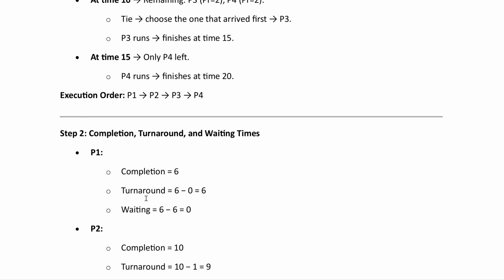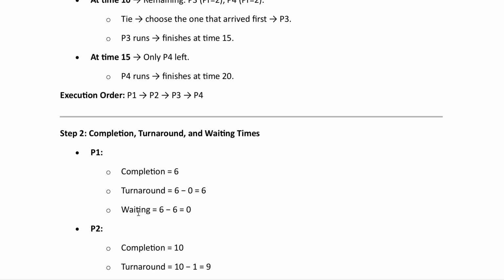P1 completion time is 6. So the turnaround time, as I have said, is completion time minus arrival time. For P1, completion time is 6, arrival is 0. So 6 minus 0, 6. Waiting time is turnaround time minus burst time. For process P1, turnaround time is 6 and the burst time is also 6.